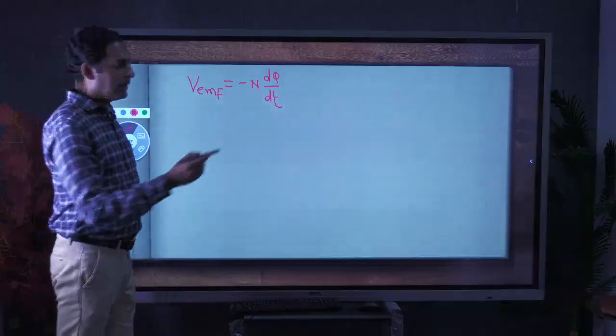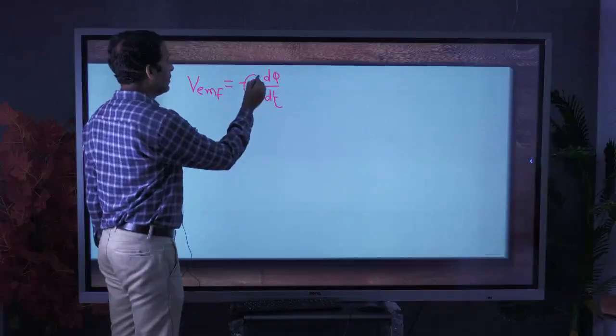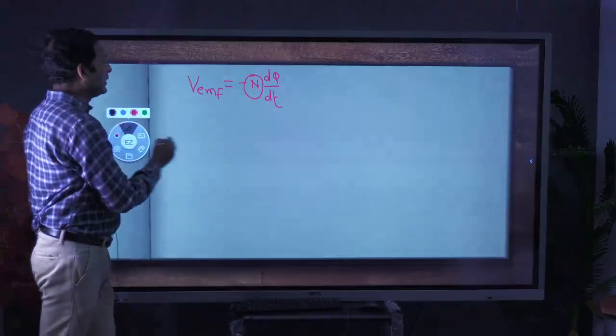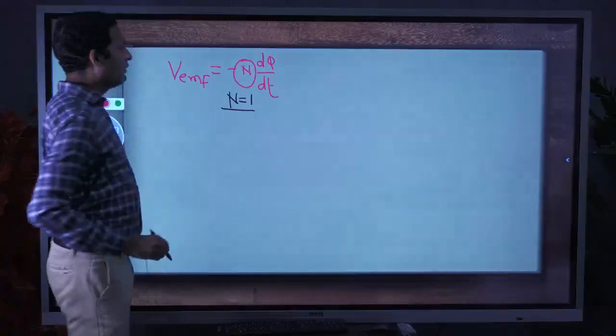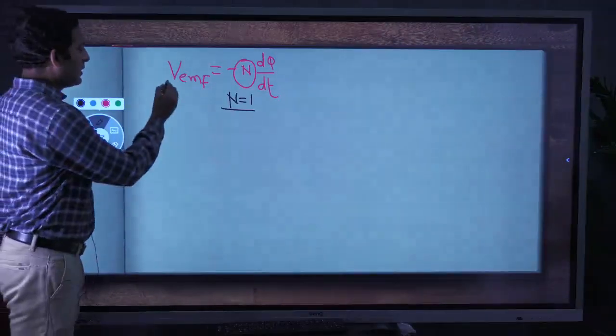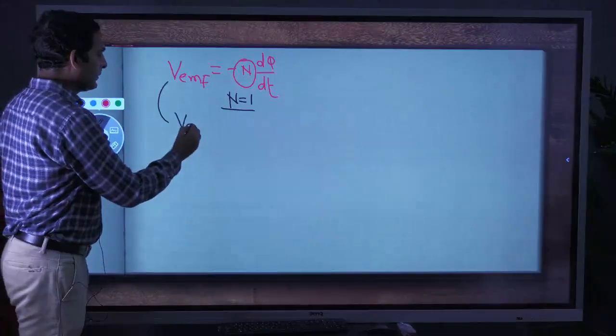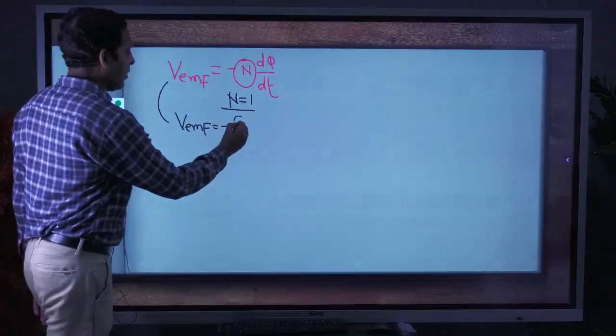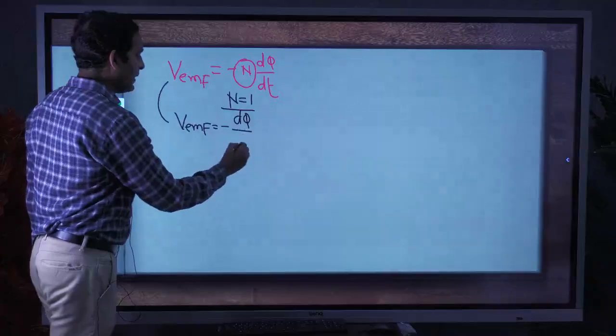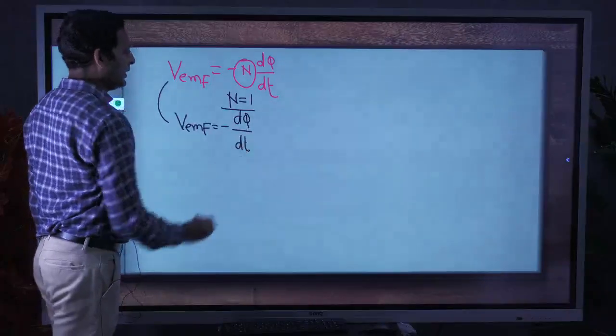For simplicity, let us consider that there is only one turn, say N is equal to 1. So what will be the expression? We can write V EMF is equal to minus d phi by dt.